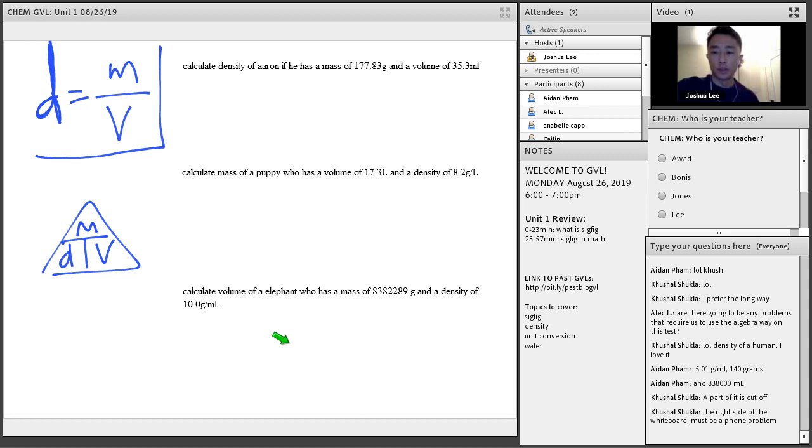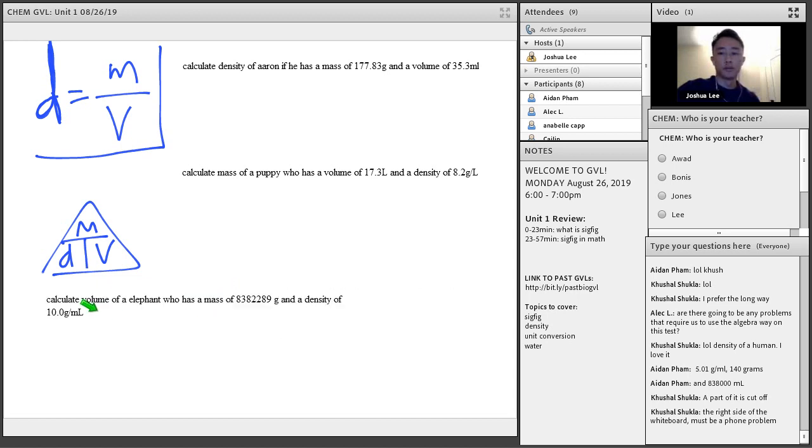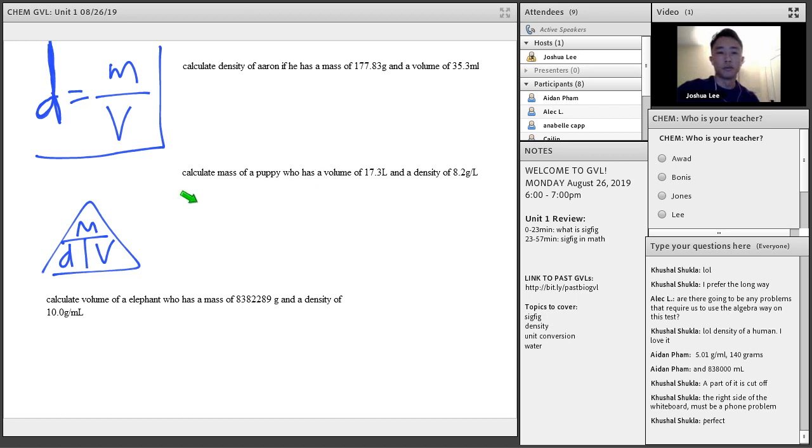Right side of the whiteboard must be a phone problem. Sounds like a phone problem. Here, I'll try to move it. Awesome.